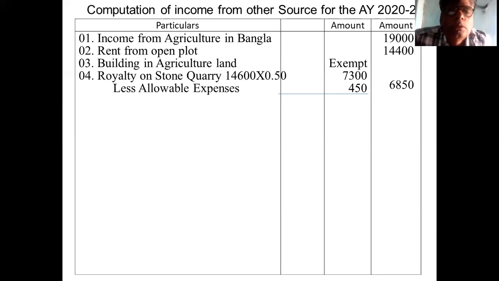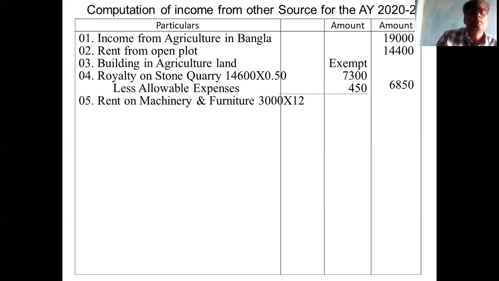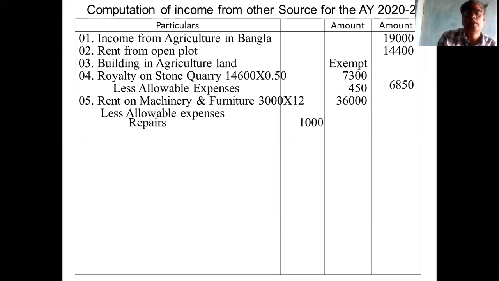6,850 rupees. Then the fifth point is rent on machinery and furniture, per month 3,000 into 12, 36,000 is the rent. Less allowable expenses: one is repair, second is depreciation. Depreciation 6,000, repair 1,000, totally 7,000.